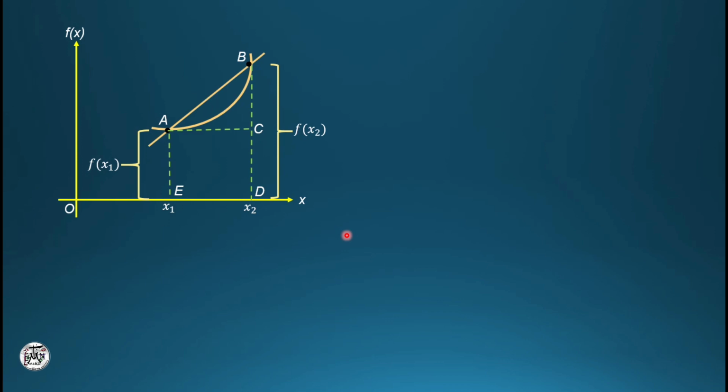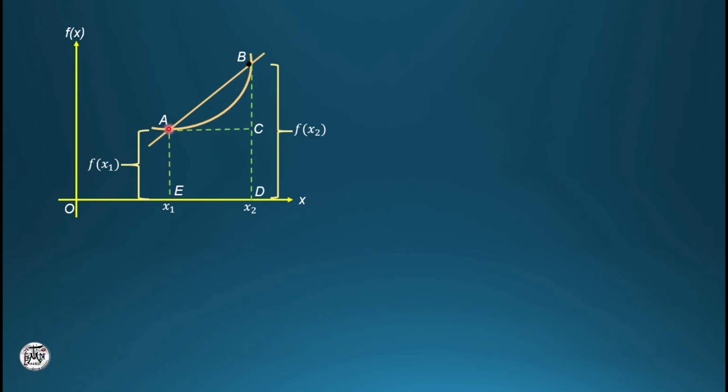From this graph, we put here the distance, which is f of x sub 1, then another side is f of x sub 2. We make a triangle here.